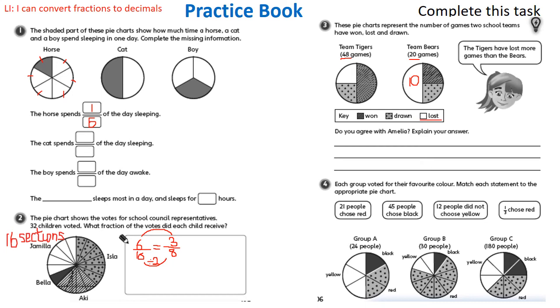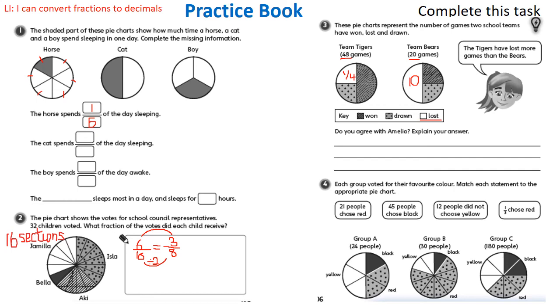What fraction of the circle for the Tigers is coloured in white? Quarter, isn't it? It's half of a half, which, as you know, is a quarter. So the Tigers have lost a quarter of their games. So what's a quarter of 48?